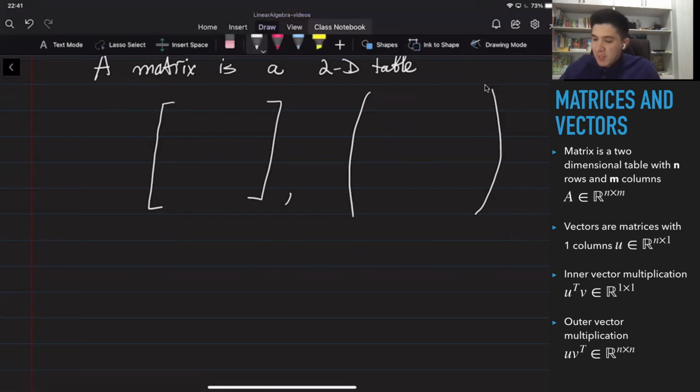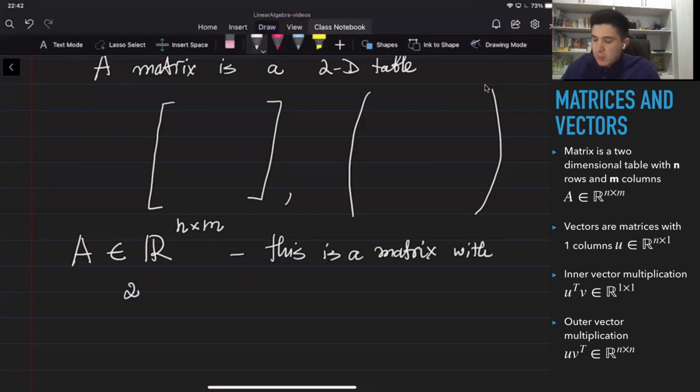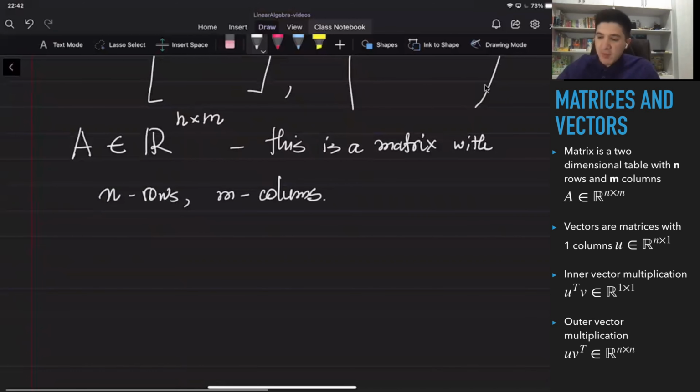For example, if you're given A in this notation, n by m, it means that this is a matrix with n rows and m columns. Rows are always coming first. So this matrix has n rows and m columns.